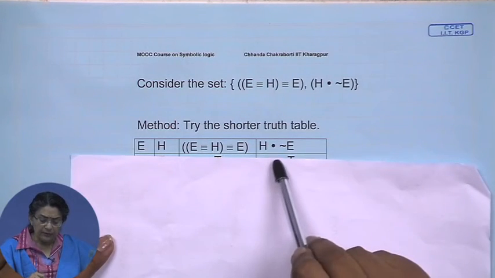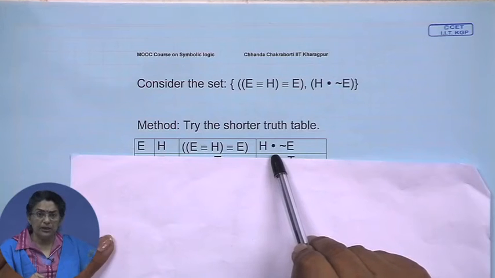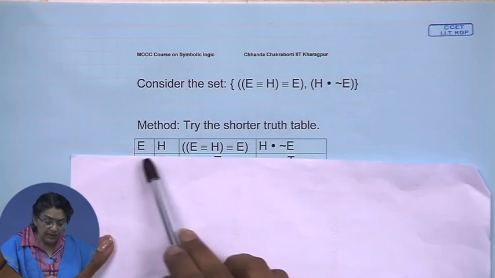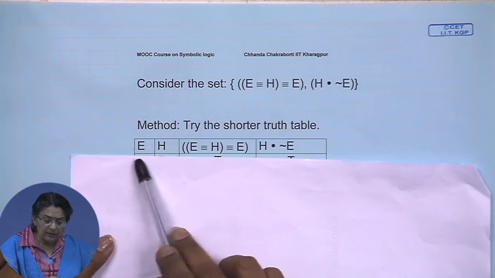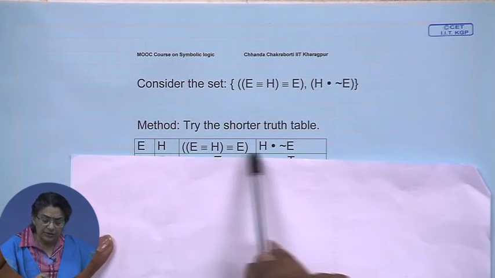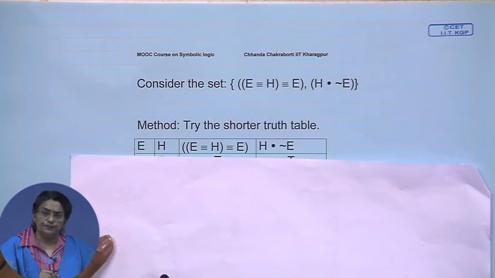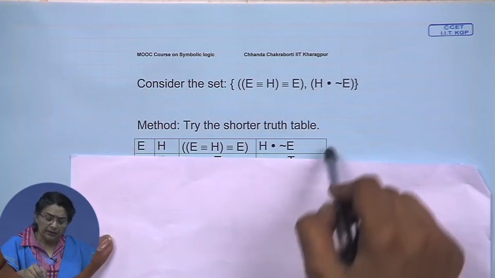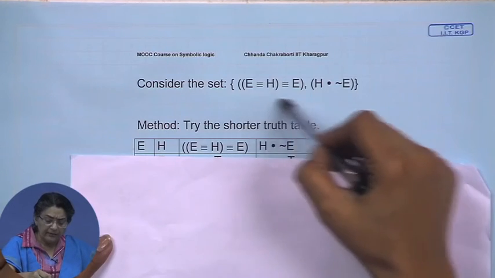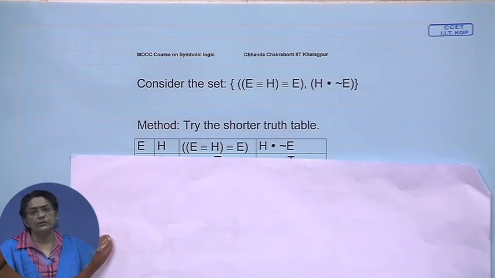For example, you know that the dot is going to be true. What is your goal? To see an assignment of truth values in such a way that each one of them comes out to be true. If you are successful in doing that, you have shown the set to be consistent. You have shown one possibility where every member of that set comes out to be true, that is all.